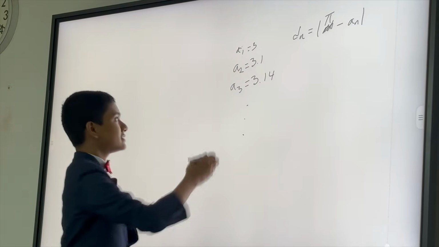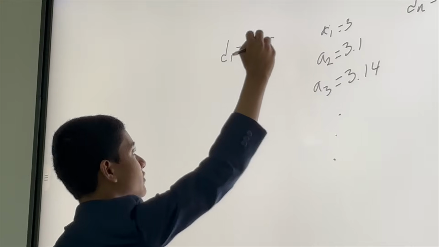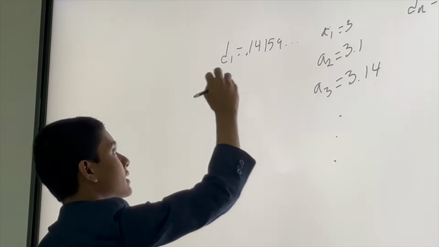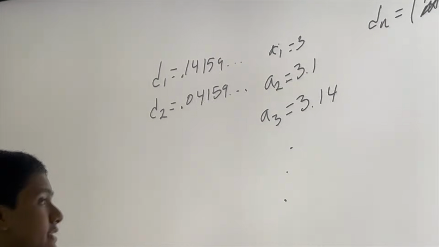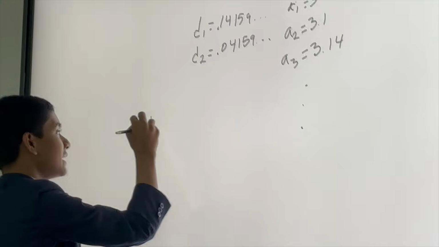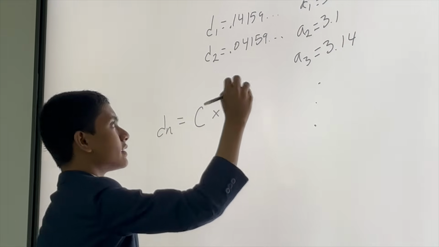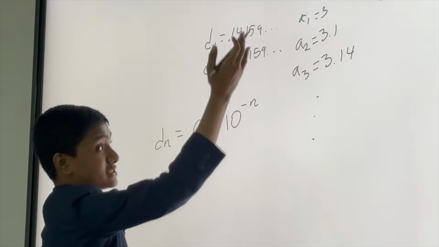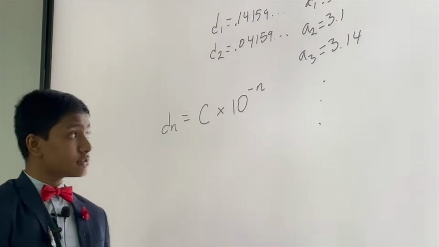So the first discrepancy is 0.14159, the second is 0.04159, and so on. It's pretty obvious that d_n is going to be on the order of 10 to the minus n. So, for example, this is on the order of 10 to the minus 1, this is on the order of 10 to the minus 2, and so on and so forth.